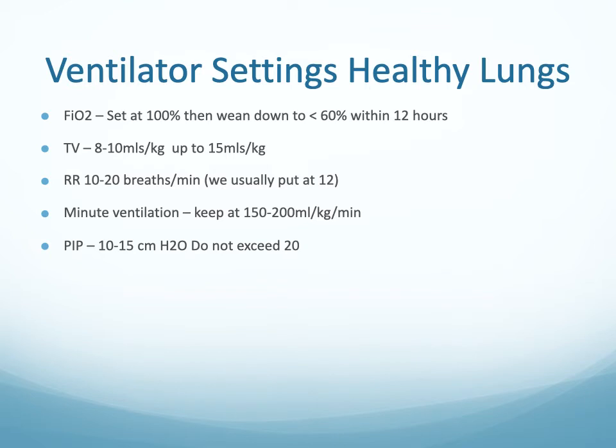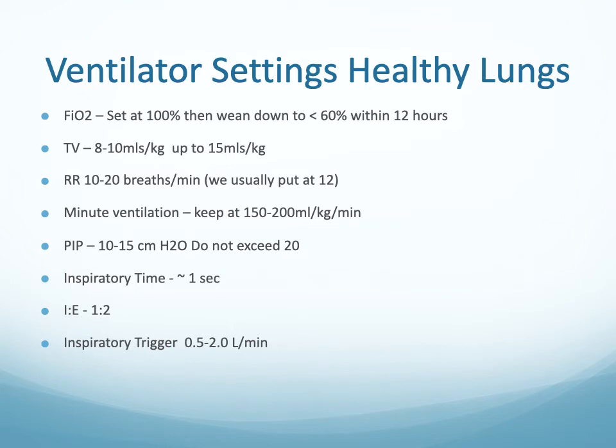Your PIP is going to be at 10 to 15 centimeters of water, not to exceed 20. Inspiratory time is about a second, and your IE ratio is going to be 1 to 2. Inspiratory trigger, we usually set that at 1.